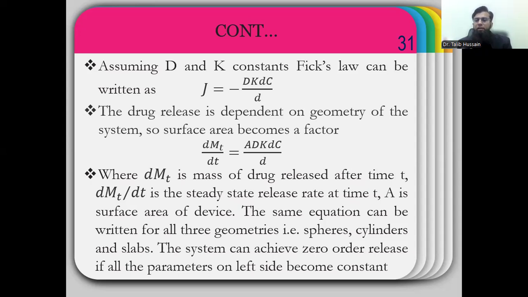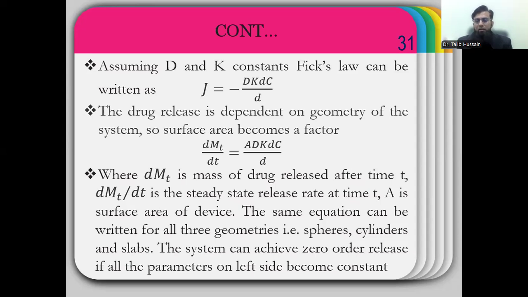If we add area in that, the flux can be denoted as the diffusion equation. So the diffusion equation is dMt over dt equal to, instead of the minus sign, we have added area. If the area remains constant, there will be no negative sign.